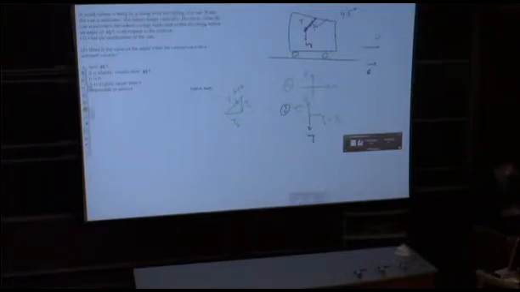And of course, the force of gravity must have exactly the same magnitude as this component. And that's basically the y component of Newton's second law. The x component of Newton's second law should tell us that m times a should be equal to the horizontal component of the tension.